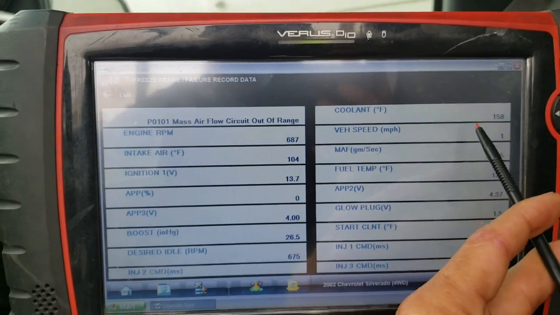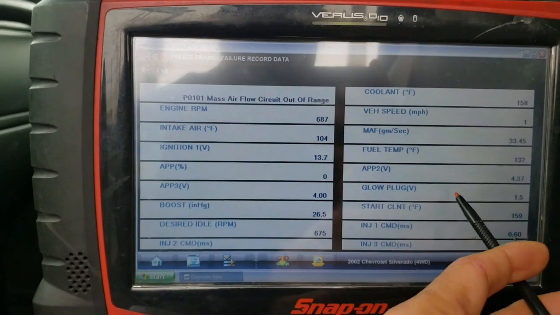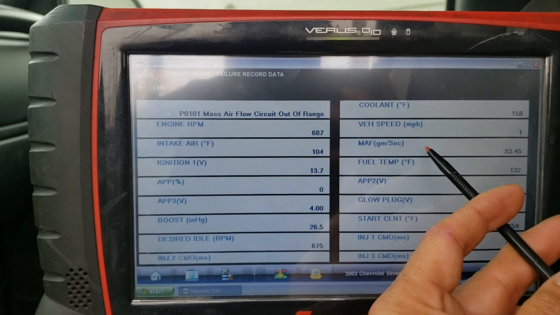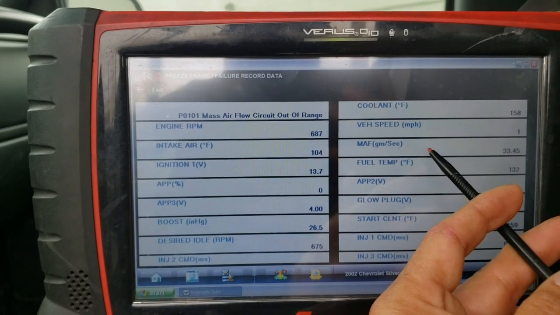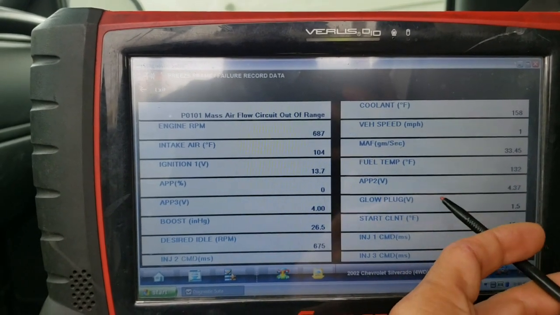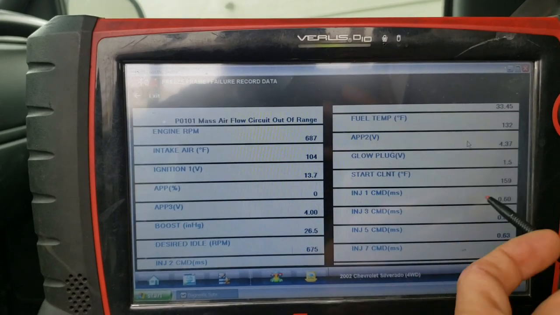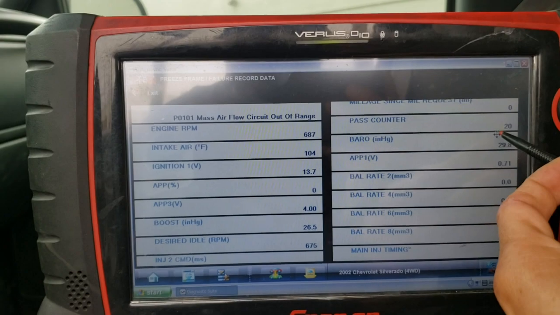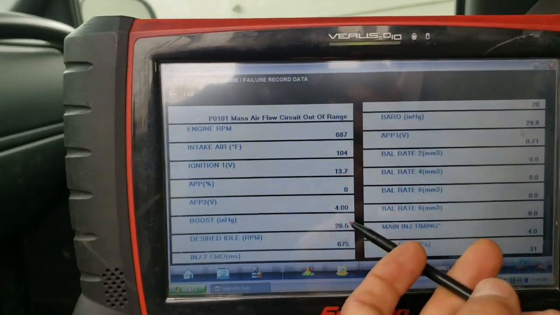It had a normal temperature. Do I have a mass airflow sensor voltage? Because this one could be a problem where it would be a default for the computer. Do I have voltage? No, I don't see voltage.